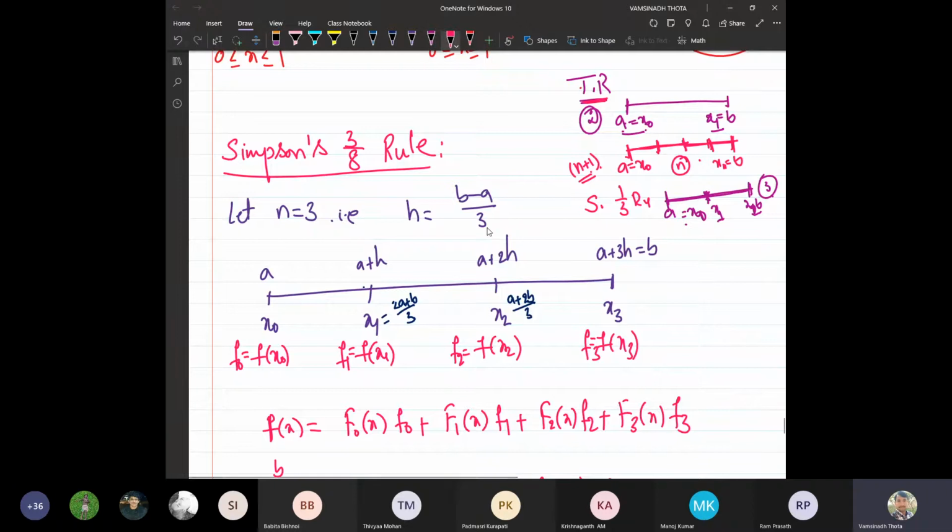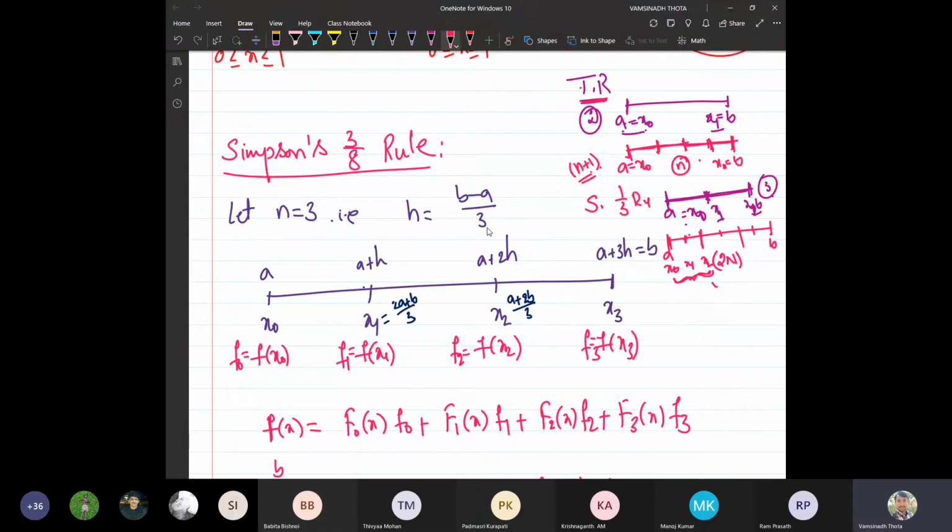And the same technique can be developed by dividing the entire interval into an even number of subintervals, 2n. So this is x0, this is x1 and x2. From x0 to x2, I can consider this as one interval where x1 is the midpoint, and I can apply Simpson's 1/3 rule here.